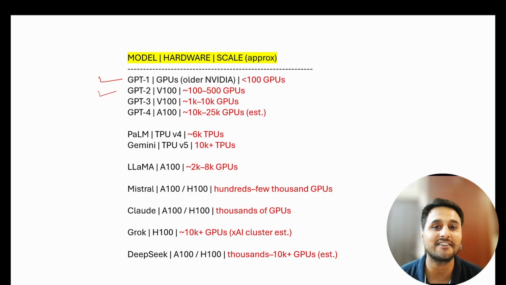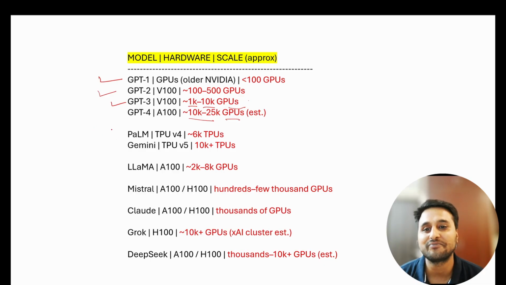GPT-2 is estimated to have used 100 to 500 GPUs. GPT-3 was trained on 1K to 10K GPUs. You can now have an idea of how many GPUs they used to train GPT-3, and GPT-4 even more, 10K to 25K GPUs, and these GPUs eat an enormous amount of electricity. OpenAI has spent billions of dollars to train the GPT models till now.